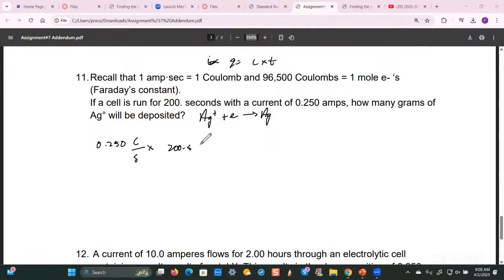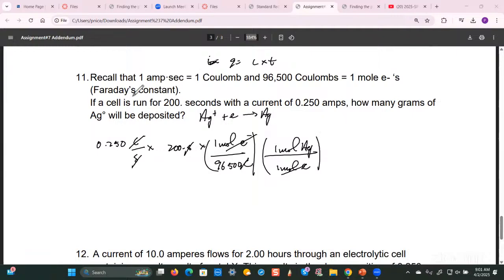And then we multiply that by 1 mole of electrons over Faraday's constant, so that will give you the moles of electrons. Based on this equation, for every 1 mole of electrons used, you're going to get 1 mole of silver. So far, the coulomb units will cancel, the seconds will cancel, and the moles of electrons will cancel.